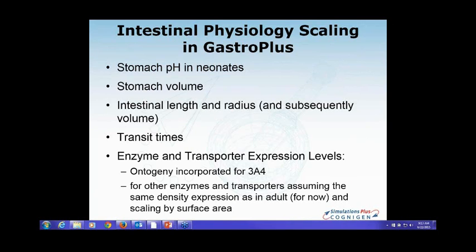Whether some transporters are developing faster than the others, that information is still not available. So for now, I would really keep it within the same transporters. I don't know if we can extrapolate between transporters.